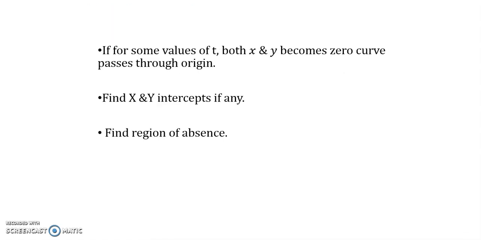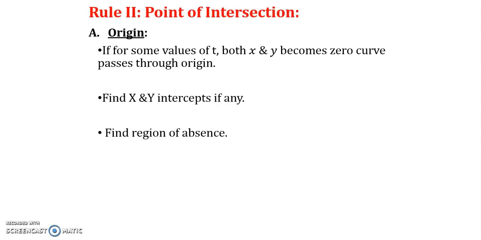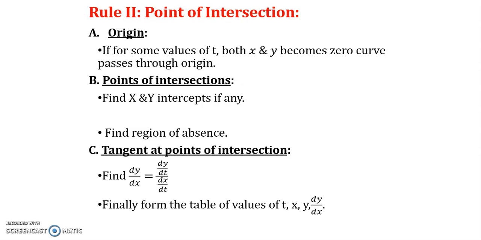So for some values of t, if both x and y become 0, then the curve is said to be passing through the origin. This is the rule for calculating points of intersection, whether the curve is passing through the origin or not. For other points of intersection, we find values of the x and y intercepts, if they exist.